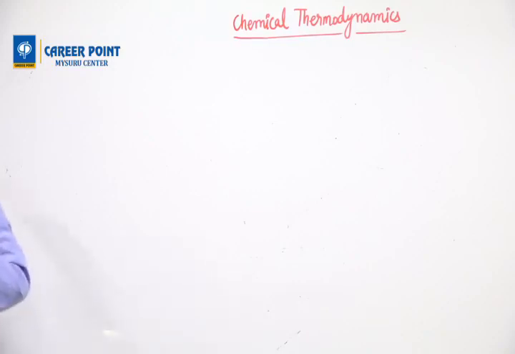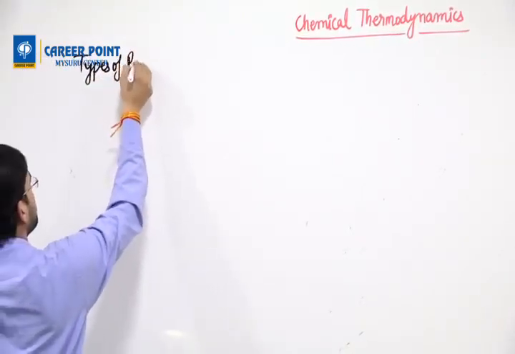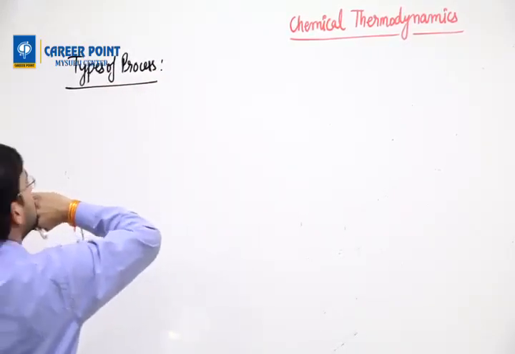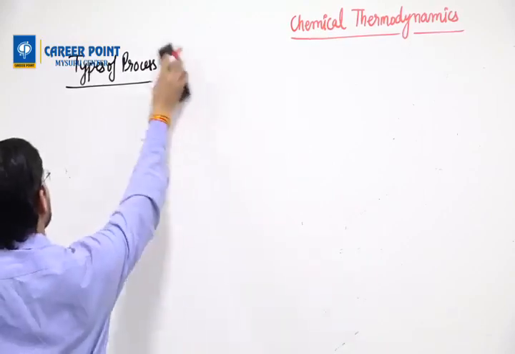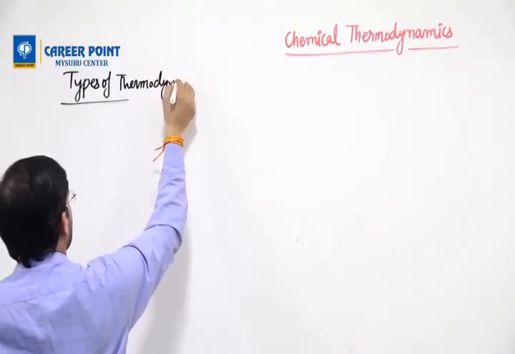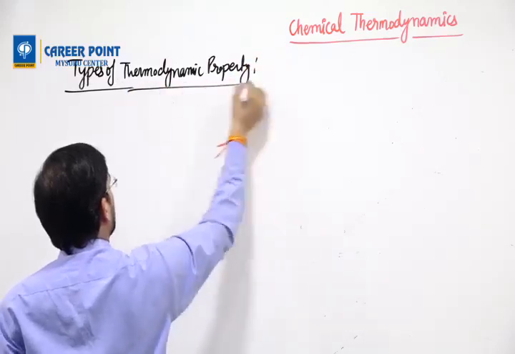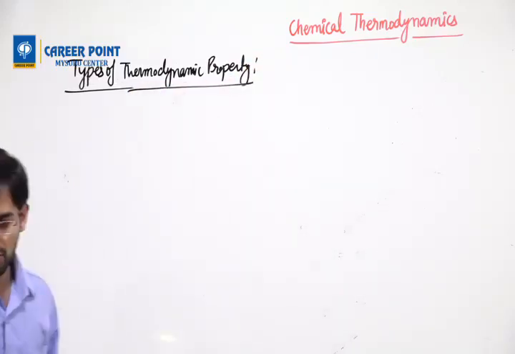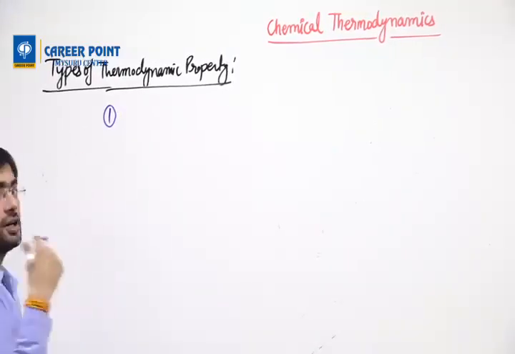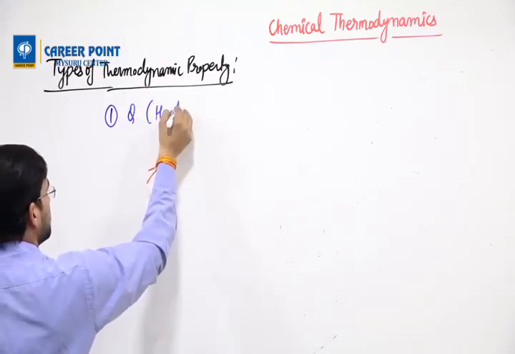Now we'll go to numerical theories. First, types of thermodynamic properties. We'll go one by one. Q, which is heat.